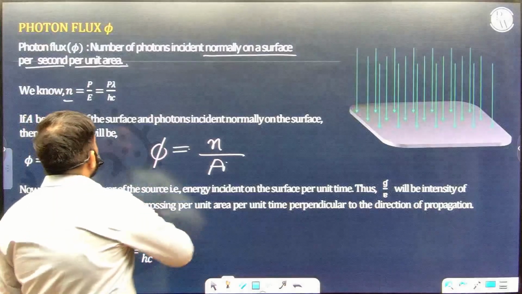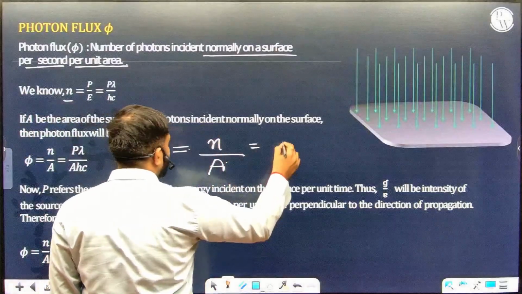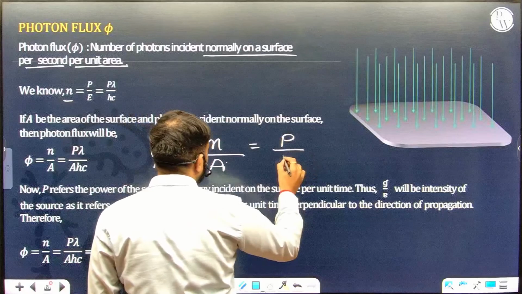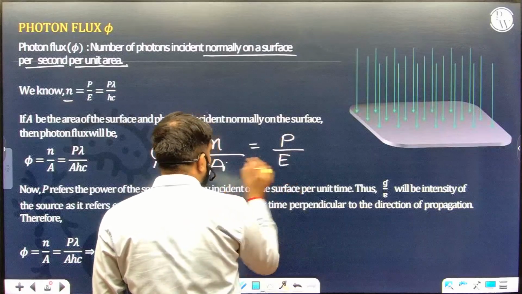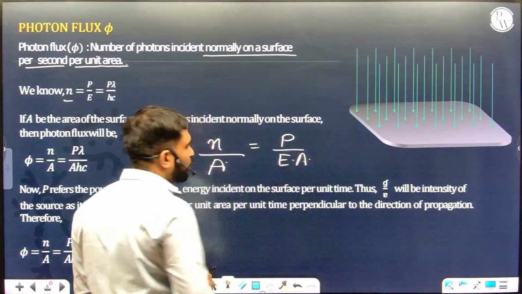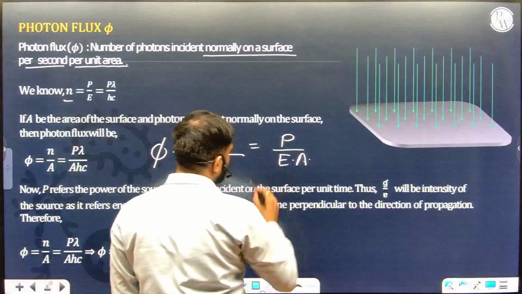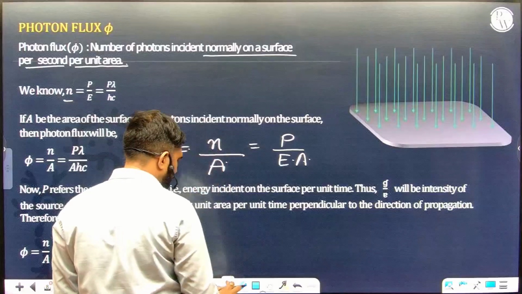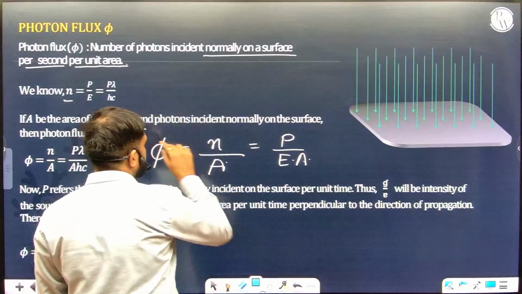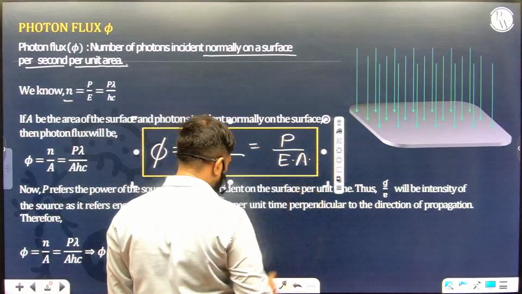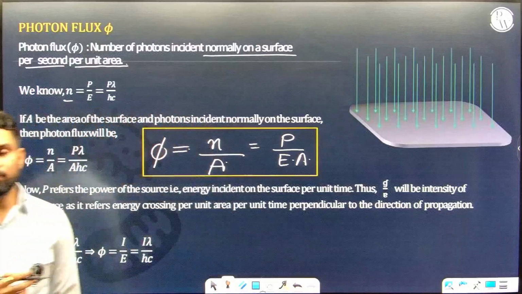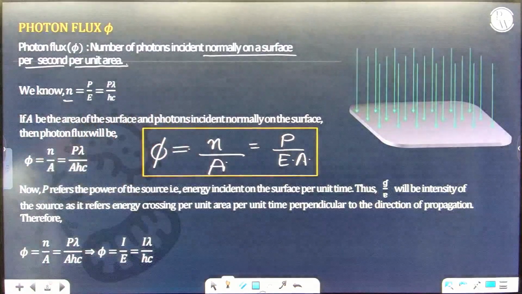Small n is written as the power upon energy, and in the denominator one more, area A. And further I can write different formulas of energy and I'll get the photon flux. So again NEET has asked direct questions based upon photon flux. So we must remember this formula, this concept.